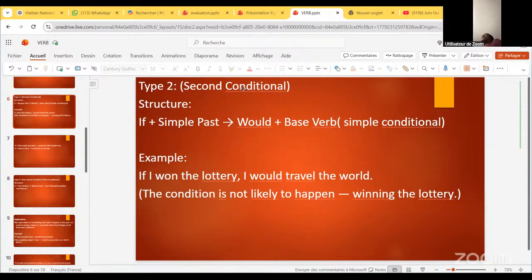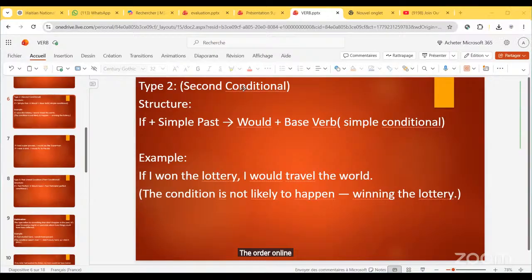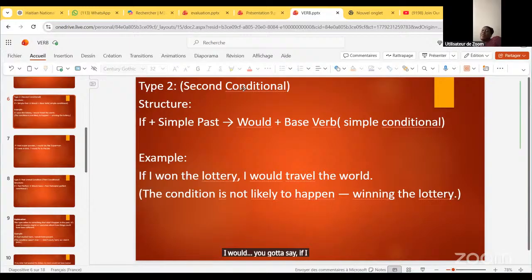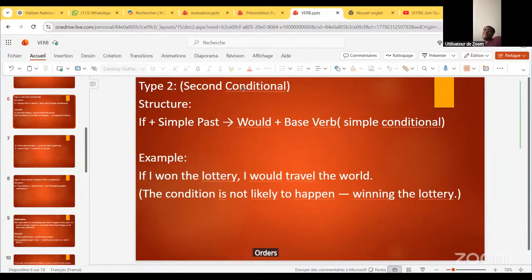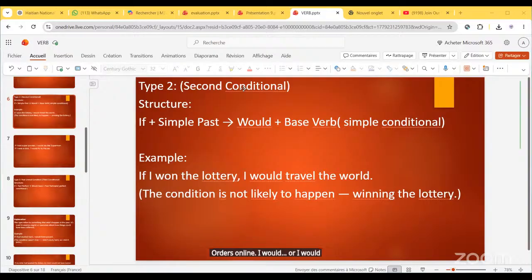If I have a money, I try one more time. If I have a money, I make the order online. You've got to say, if I had money, I would make orders online, or I would make online orders.